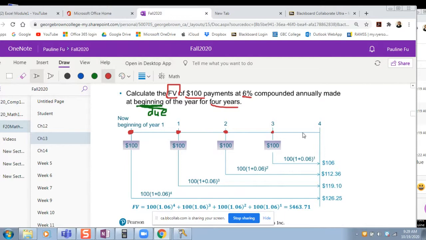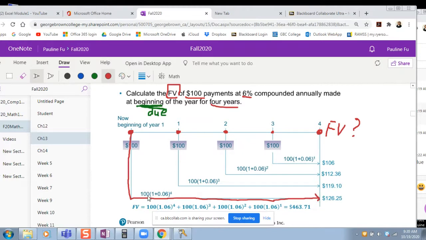And the question asks you, what is the future value here? FV. So obviously you need to convert this $100. What is the future value of this one?